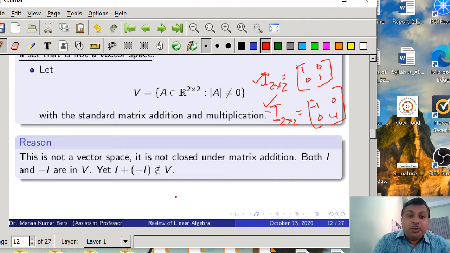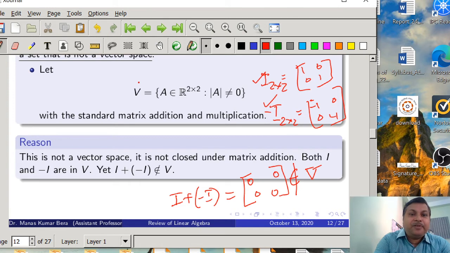But if we do I plus minus I, the resultant matrix is 0 0 0 0, which does not belong to the space V we have indicated. To qualify as a vector space, this property has to be maintained. So that's why this set is not going to qualify as a vector space.